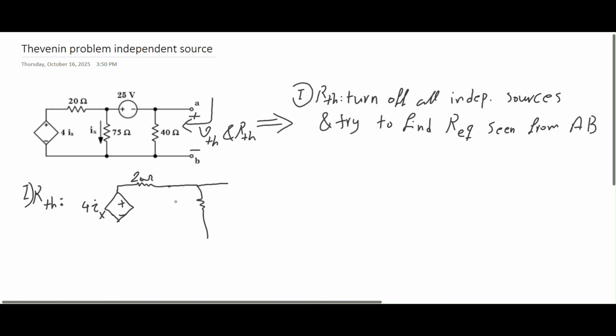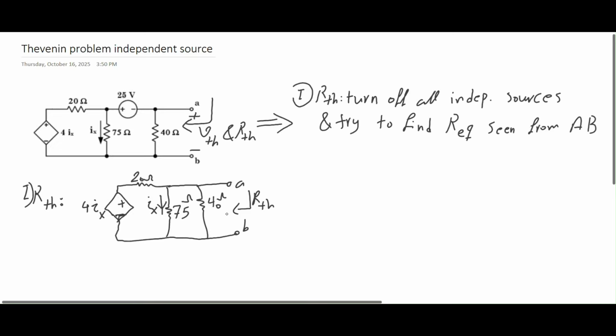Then here I have a 40 ohm, and here I have 75 ohms. Over here is my port A and B, which I'm trying to find the Thevenin resistor seen from. So 40 ohms, 75 ohms. All right, it's a little messy here. It's negative and positive. And this 4ix is in relationship with this ix that flows into the 75 ohms.